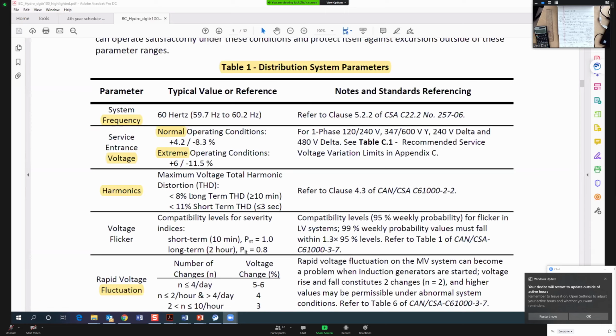The harmonic is also smaller than 8%, smaller than 11%. One is for short term, one is for long term. This is for BC Hydro's utility network. They will experience those kinds of fluctuation, but when you have a system connecting there, you have to check elsewhere. You cannot use those numbers.